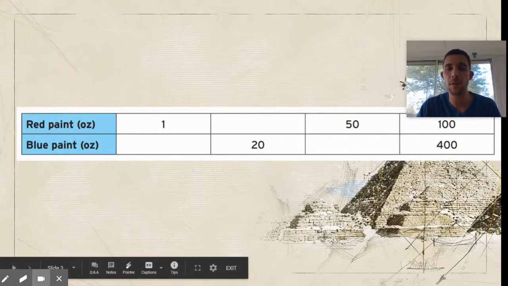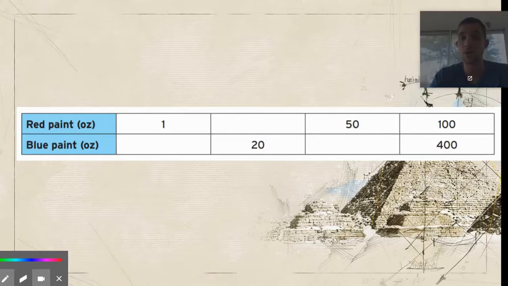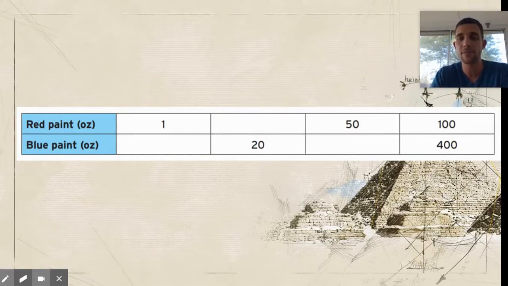I'll do another example that's similar. In this example, we're going to have to scale down because our biggest number is the one that we have. So how do I scale down from 100 to 50? Or let's actually do this.